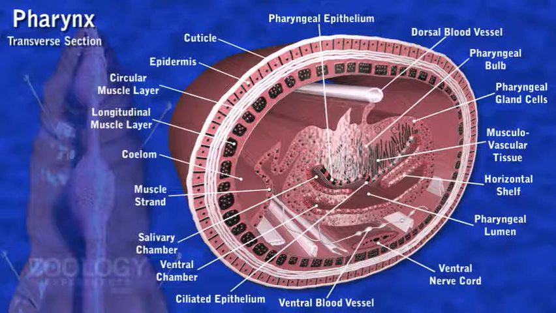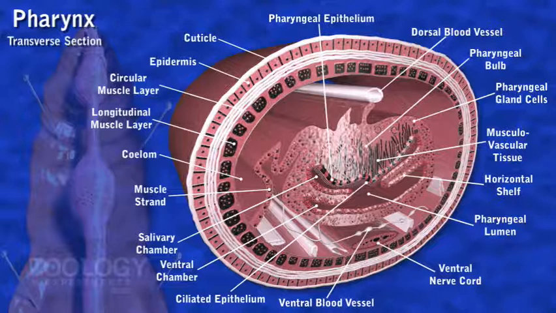Its cavity is somewhat dorsoventrally compressed due to the presence on its roof of a large glandular pharyngeal mass producing a salivary secretion. Lateral walls of the pharynx are pressed inside, forming a narrow horizontal shelf on either side.